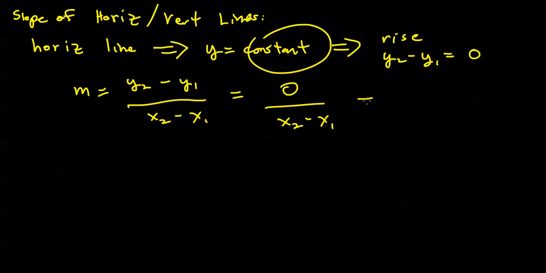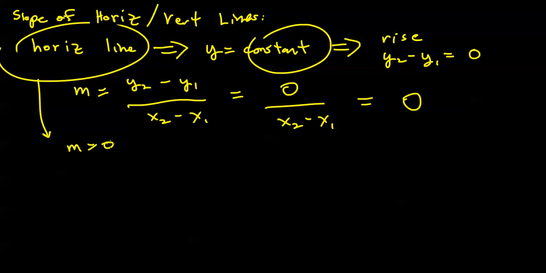It really doesn't matter what your run is. If a fraction has a numerator of 0, the fraction equals 0. 0 over anything is 0. Well, the long and short of it is, if you've got a horizontal line, your slope is 0.